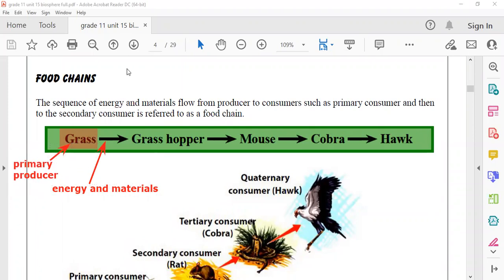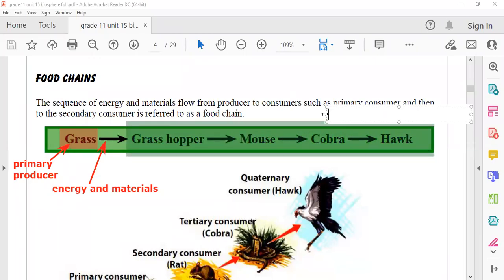The rest of the organisms in a food chain, who are consuming each other, are called consumers. All of them are consumers. The grasshopper here is a consumer, the mouse is a consumer, the cobra is a consumer, the hawk is a consumer.